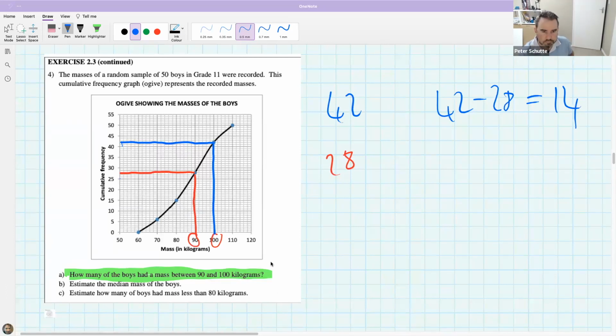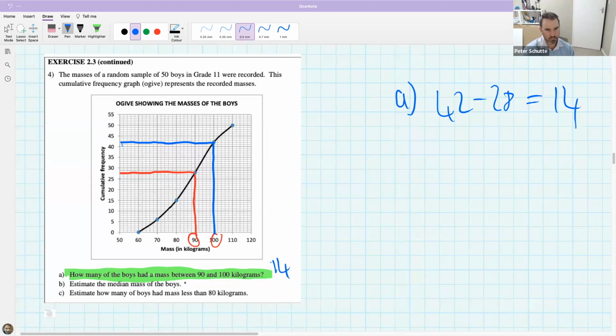So the answer would be 14. You can estimate, it's also 15 or 16 would have been fine as well. One above or below that would have been completely fine.